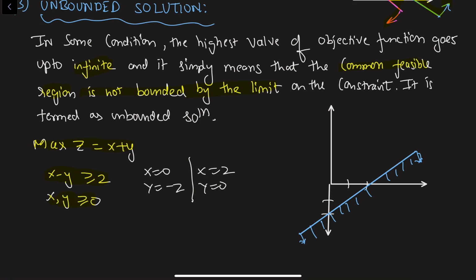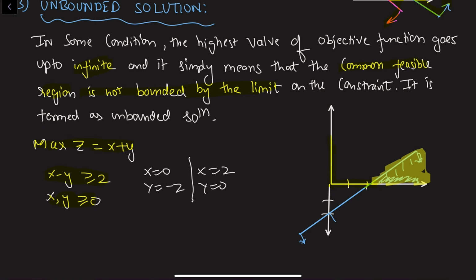If I have to plot this, I have drawn this curve, and you have x greater than 0 and y greater than 0, right? So my final feasible region will be in this direction, and in this direction you have infinite points which can be used.